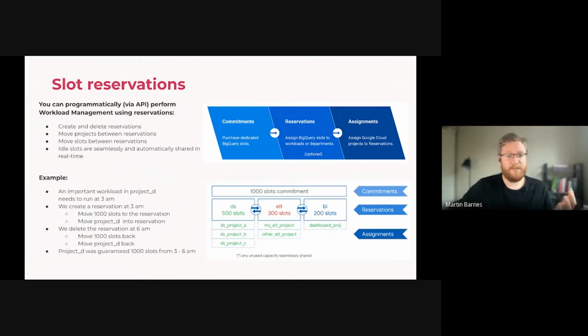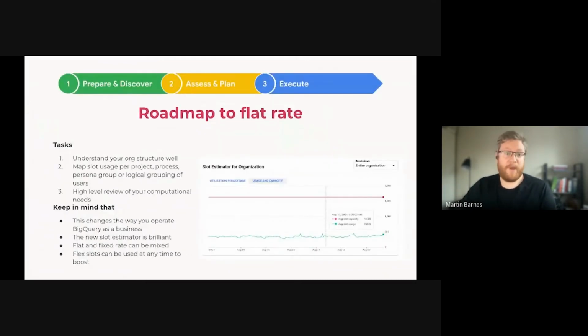Now, like I said, these businesses tend to start on demand, and we absolutely would support that to understand your BigQuery utilization. It can be quite difficult at the start of your journey to really look at flat rate. But if you are a business that is looking at flat rate, we definitely recommend doing that. And come talk to us if you're potentially going through this project and life cycle within your BigQuery usage.